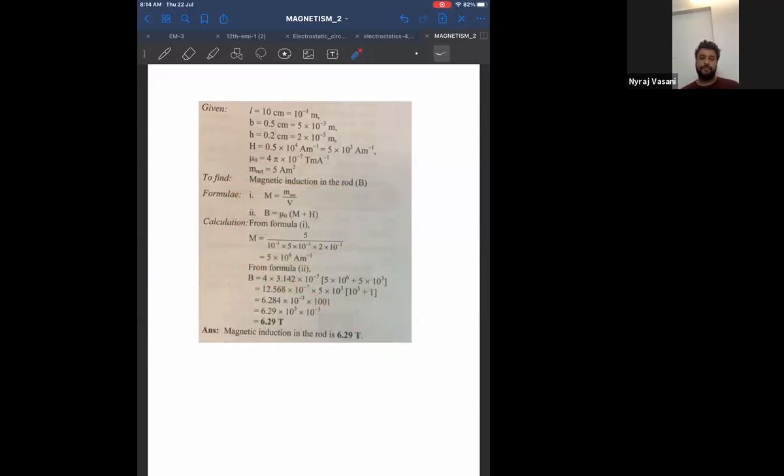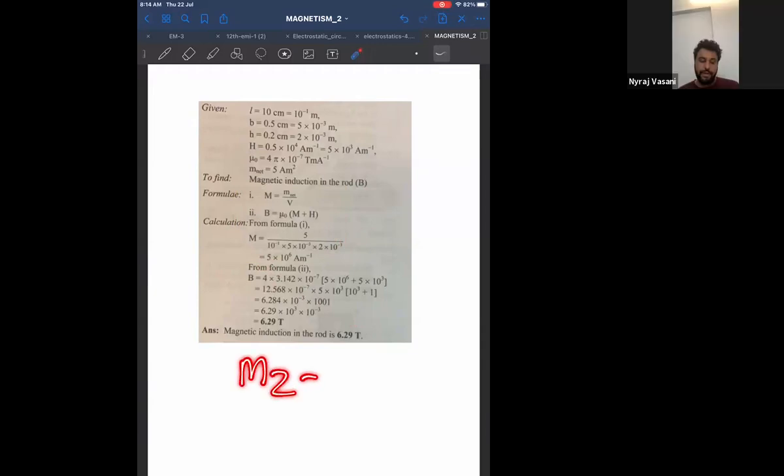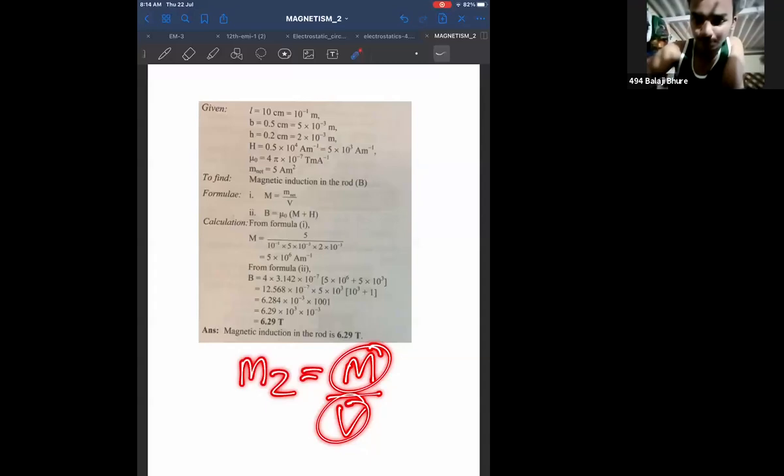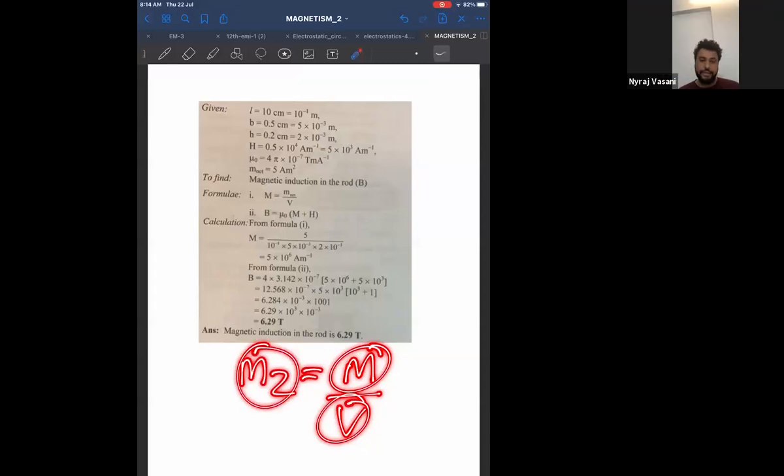Just read the answer. First, I found out magnetization. Magnetization is magnetic moment per unit volume. Is magnetic moment given? Yes. Is volume given? Yes. Therefore, I can get magnetization.